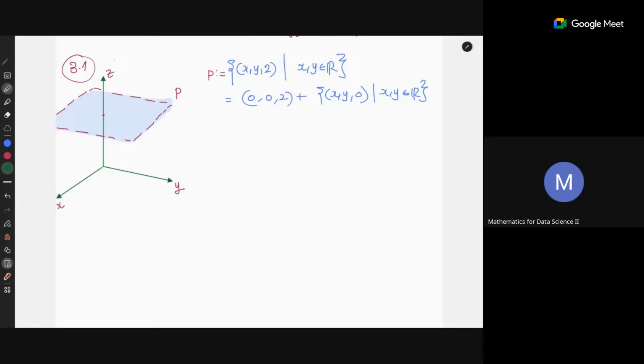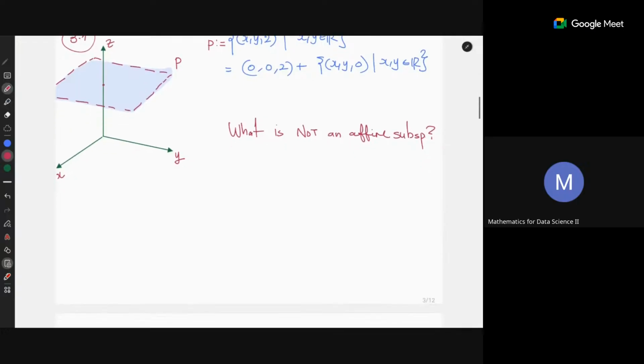Okay. So let's also think about that. What is not an affine subspace? So consider this example.